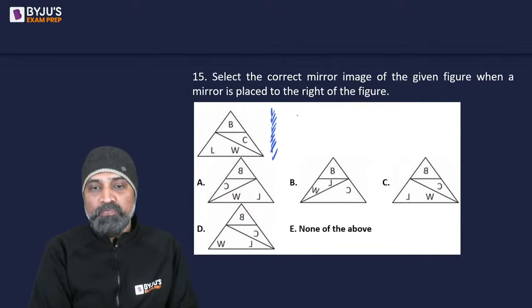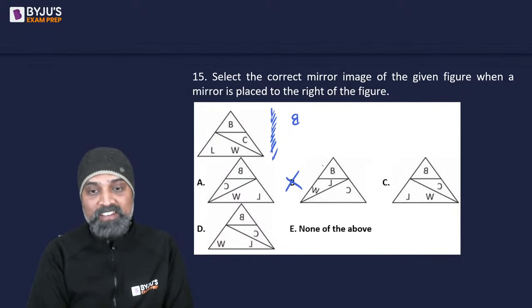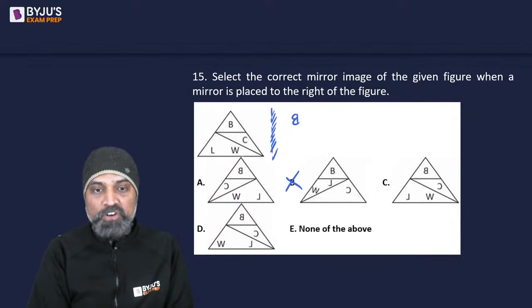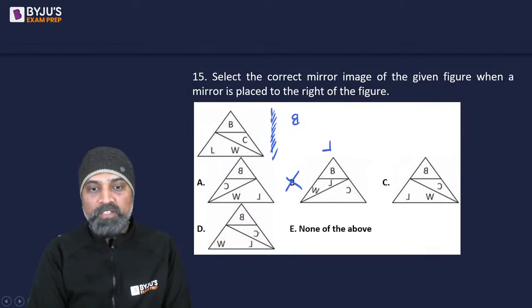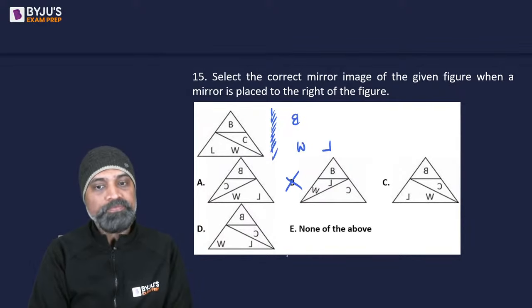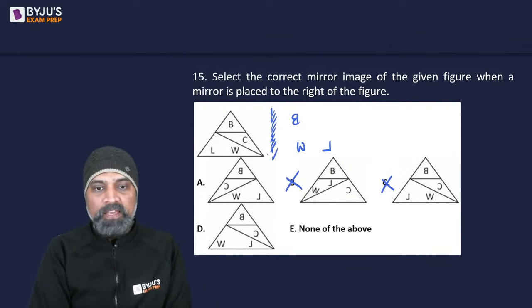The mirror image of B is going to be B, which is not there in option B. The mirror image of L is going to look like this, which we have in all the options. L is supposed to be behind W. If L is supposed to be behind W, we can't have C, right? And the mirror image of C will remain the same.